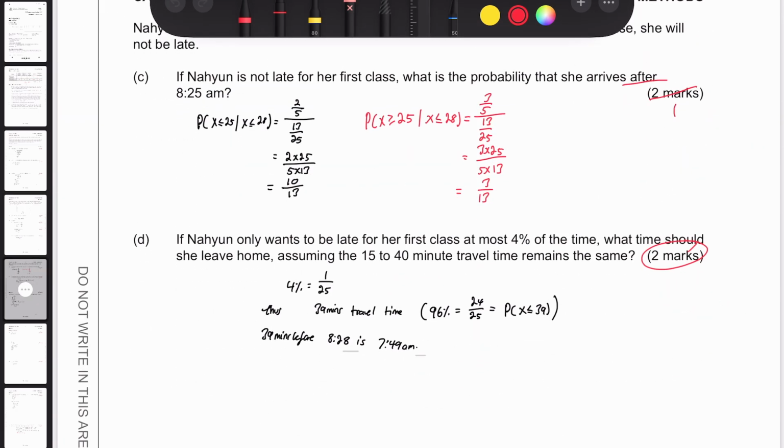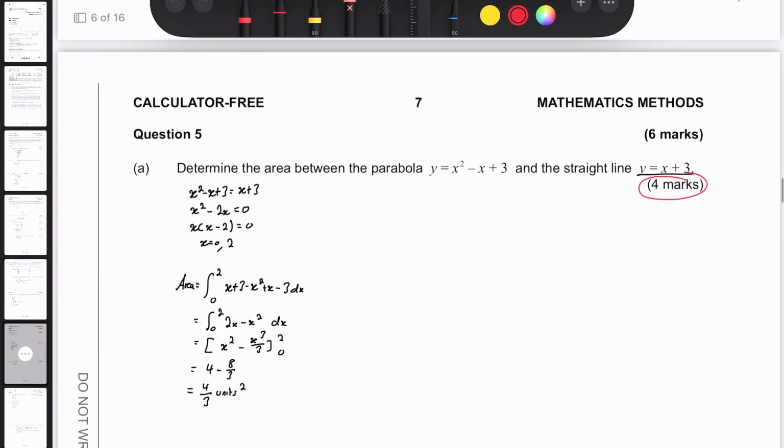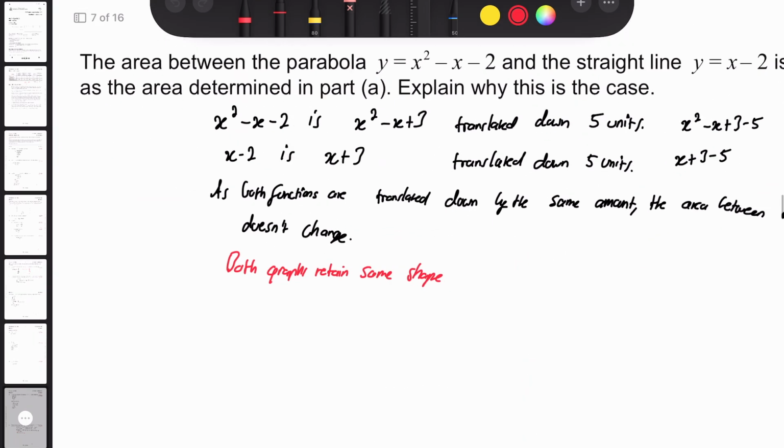So calculator free: 1 mark, incorrect probability. 1 mark, incorrect explanation. 1 mark to retain same shape. And then I lost 1 mark because I didn't explain why it's an overestimate or underestimate.